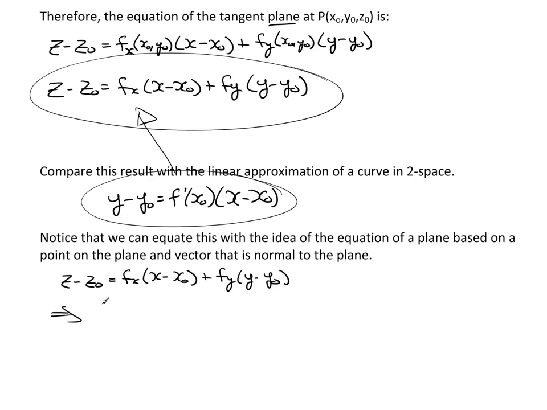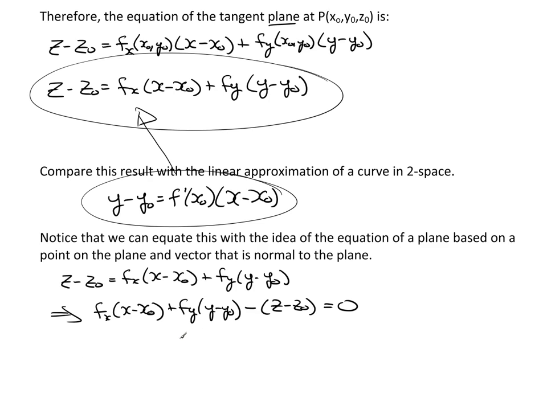That implies that the partial with respect to x times x minus x naught plus the partial with respect to y times y minus y naught minus z minus z naught is equal to 0.